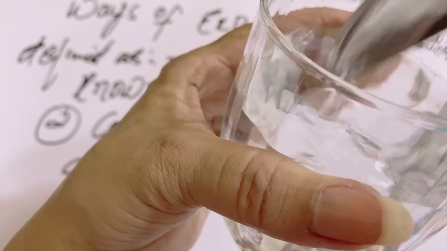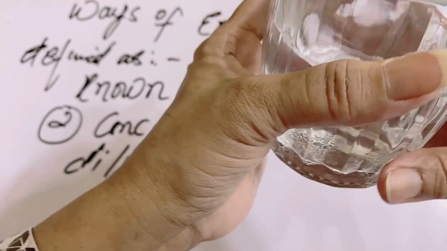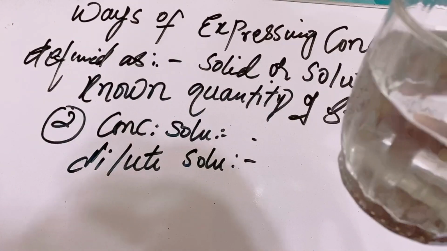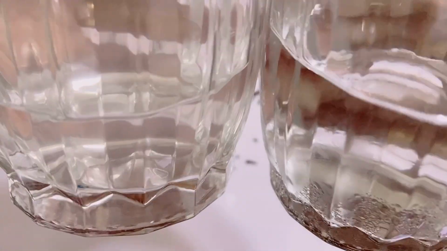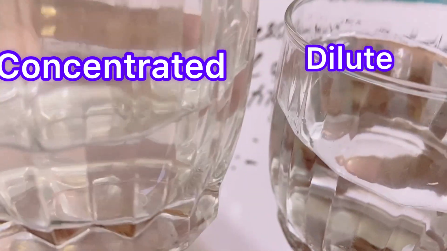And now I will show you both the solutions. This one, that is the dilute one, and the concentrated one. You will feel the difference. Yes, there is a difference. See, this one has changed its color and it's no more that transparent, whereas this one is quite transparent.